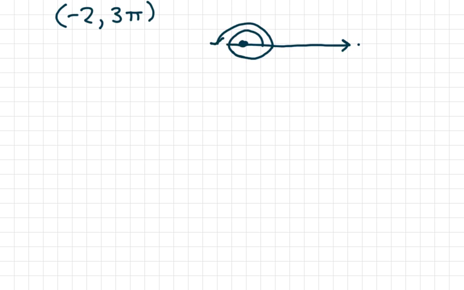So I'm going to draw the ray this way. But the negative 2 means I'm going in the opposite direction. So there's your negative 2, comma, 3 pi.